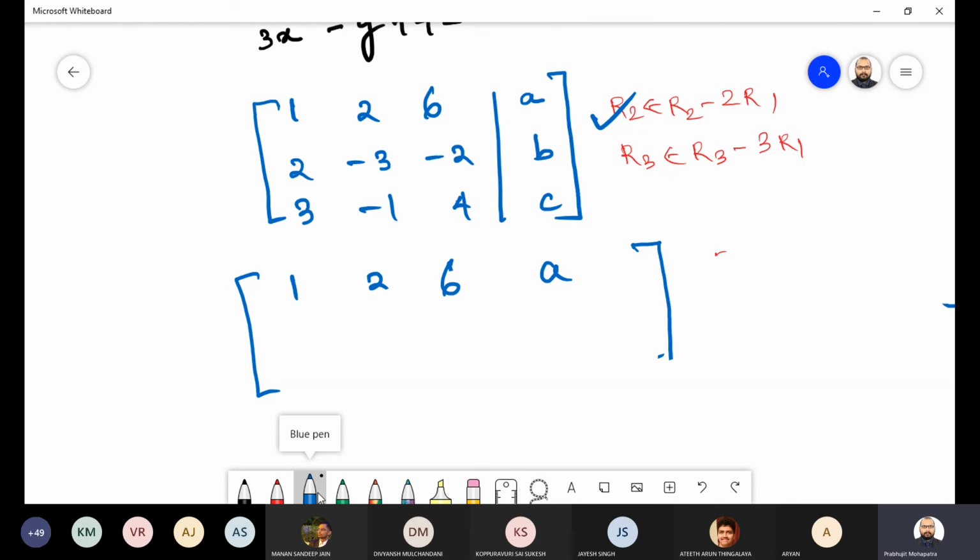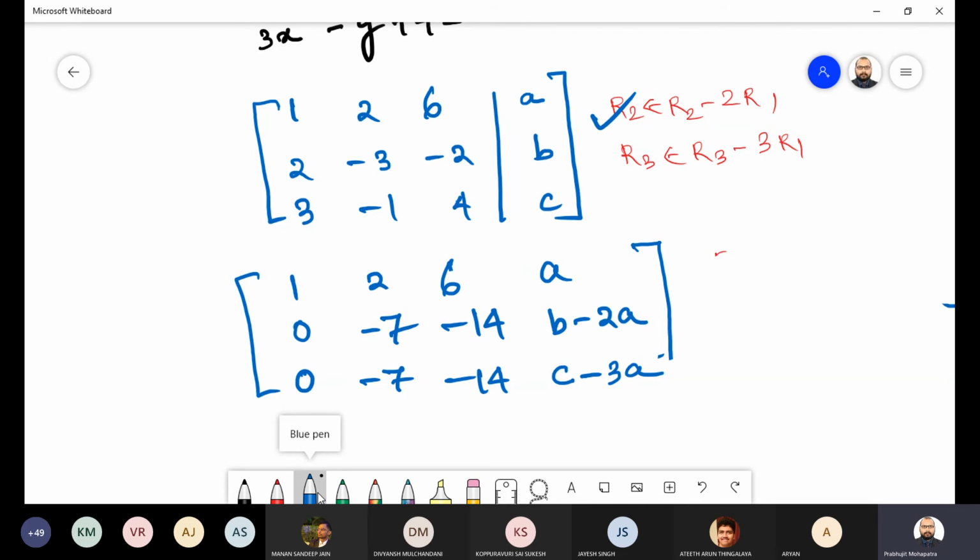So this is 2 minus 2 times 1 is 0, then minus 3 minus 2 times 2, so it is minus 7, then minus 2 times 6, so it is minus 14, then B minus 2 times A. Then here 3 minus 3 times 1 is 0, minus 1 minus 3 times 2, it is also minus 7, 4 minus 3 times 6, so it is also minus 14, then you are going to have C minus 3 times A.